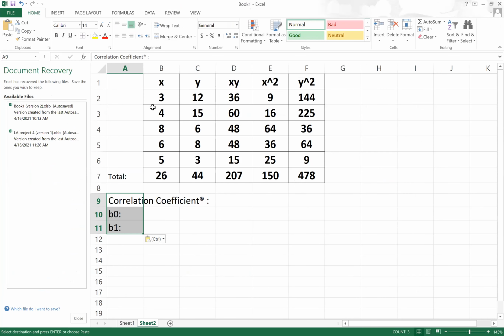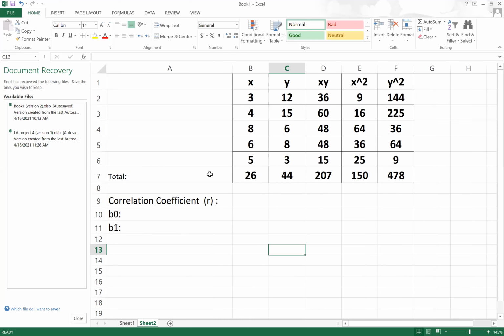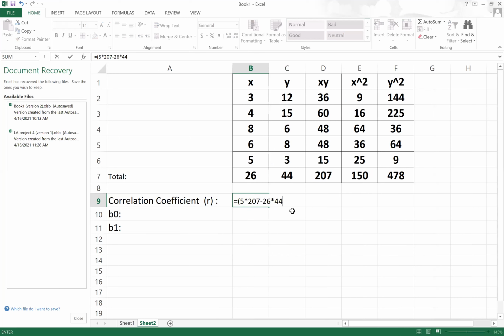Let's start with the correlation coefficient R, exactly what you have in the PowerPoint or the textbook. Same thing. Open parentheses, 5 times total of xy, 207, minus total x, 26, times total of y, 44.